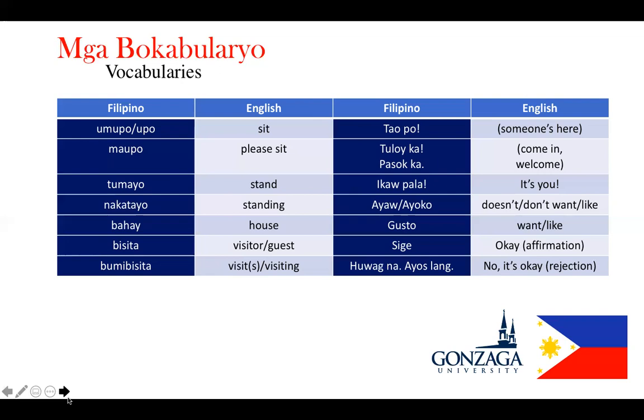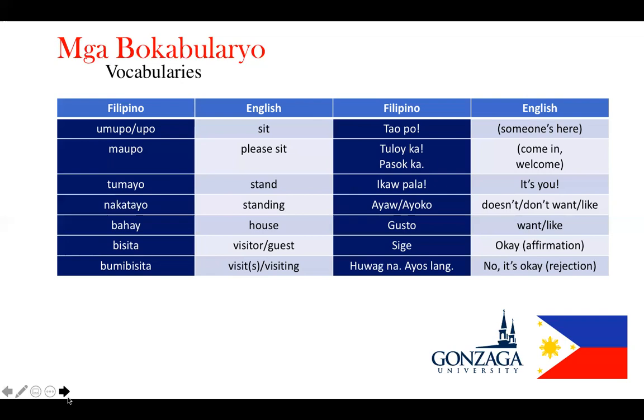Bisita, visitor or guest. Okay. So if bisita is a noun, visitor or guest, the act of visiting is bumibisita. Okay? Si Piper ay bumibisita sa kanyang kaibigan. So Piper is visiting her friend. Okay?